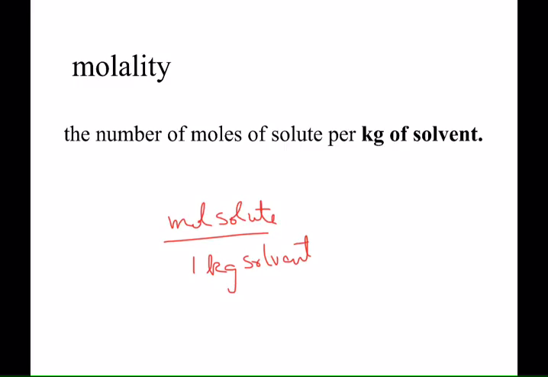Capital M. The symbol for molality is a lowercase m. Are you serious? I mean, just setting us up for failure. Okay? So molality is definitely different than molarity. I guess the biggest difference is the denominator. Instead of liter of solution, it's kilogram of solvent, 1 kilogram of solvent. Yep.